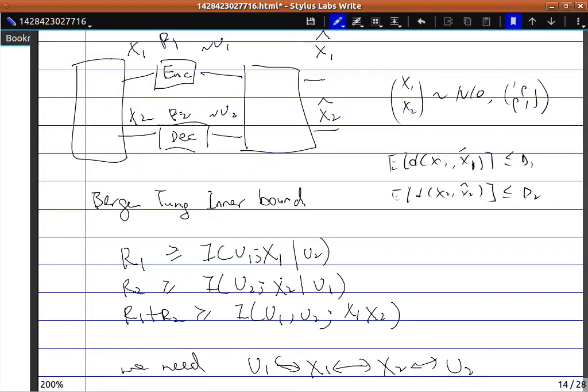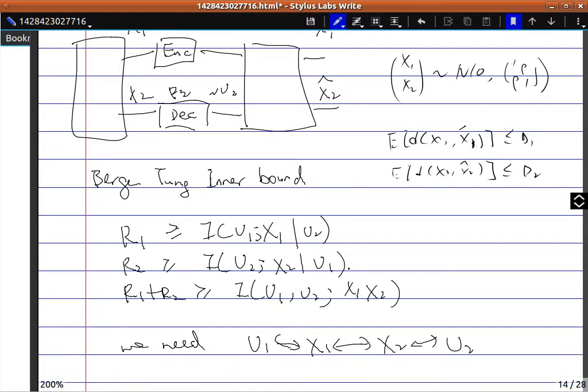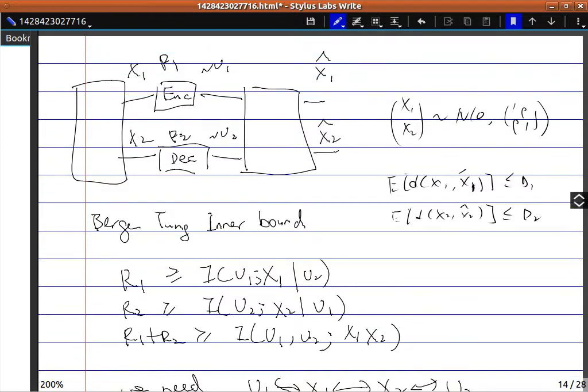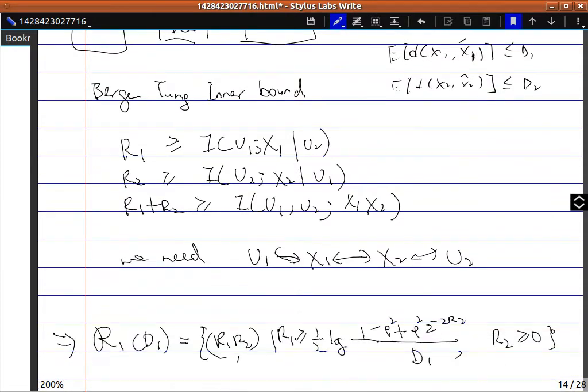I will probably give another presentation about the Berger-Tung inner bound, but here I will just give the expression. R1 is bigger than or equal to the conditional mutual information between U1 and X1 given U2, and R2 is bigger than or equal to the mutual information between U2 and X2 given U1, and the combined rate has to be bigger than the mutual information between U1, U2, and X1, X2.